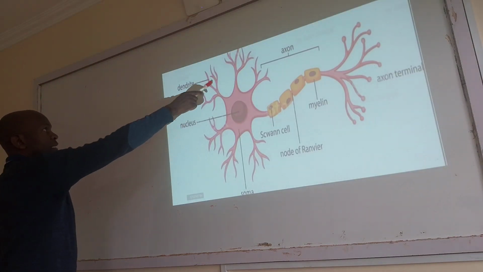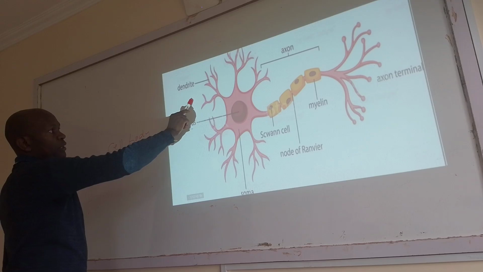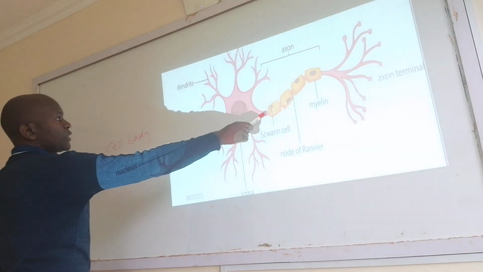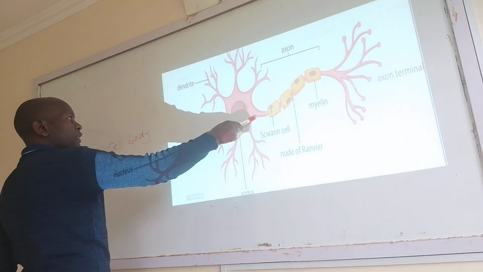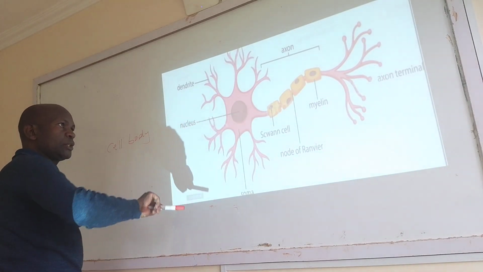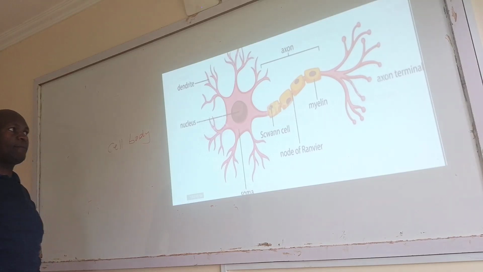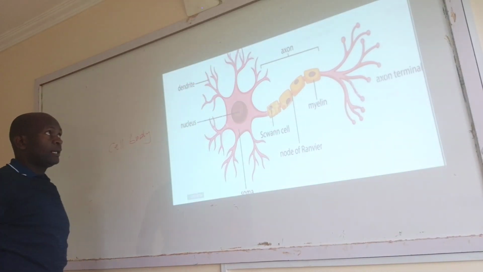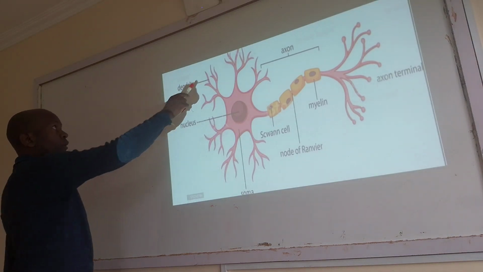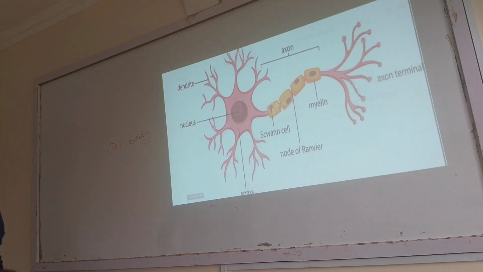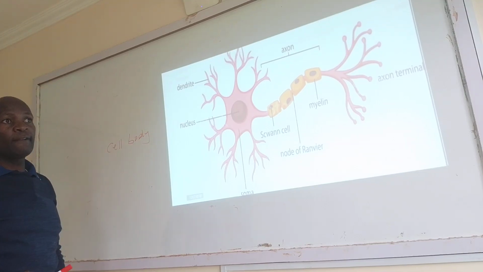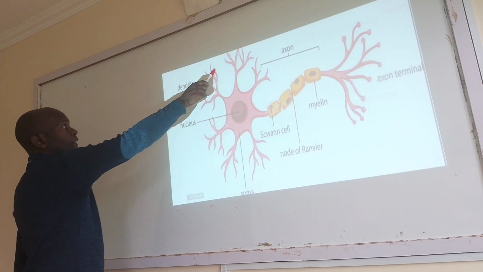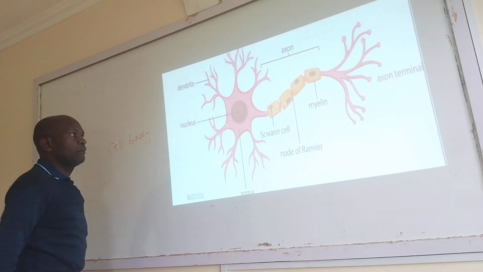So the dendrites take information to the cell body, the soma, while the axon takes information from the cell body towards the central nervous system. At the dendrites, there are also receptors, sometimes we call them nerve endings. There are different types of receptors. They pick the stimuli and pass it to the dendrites. The dendrites take it to the cell body.